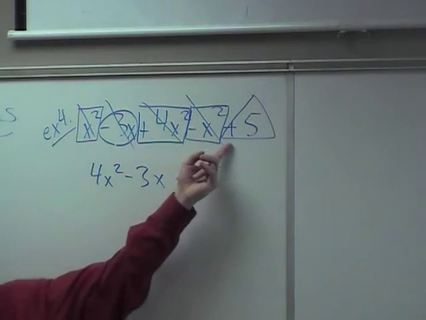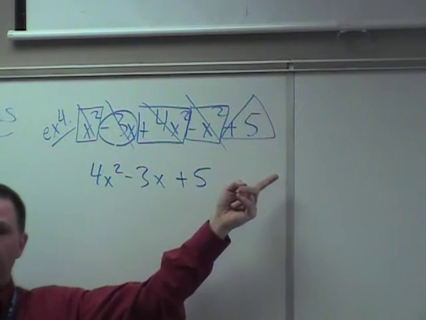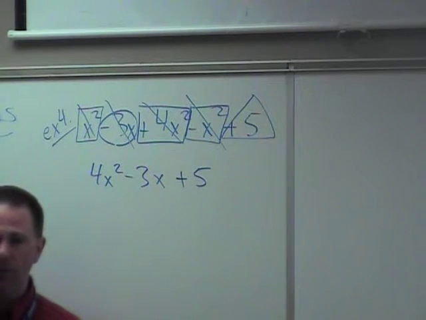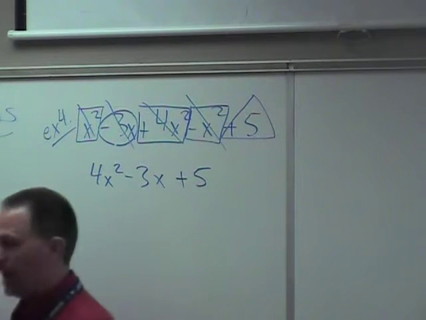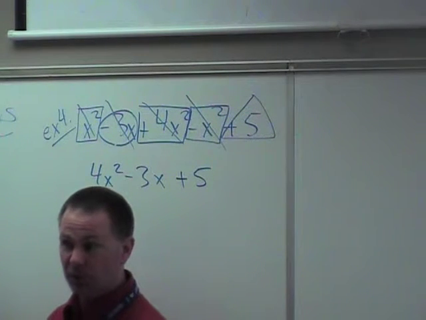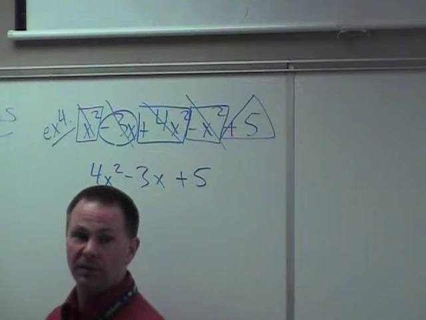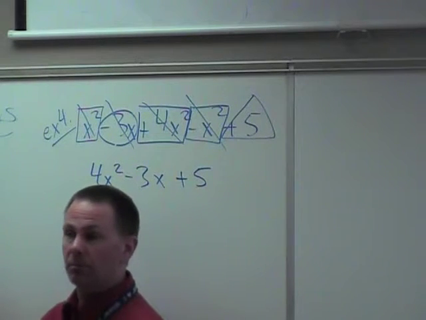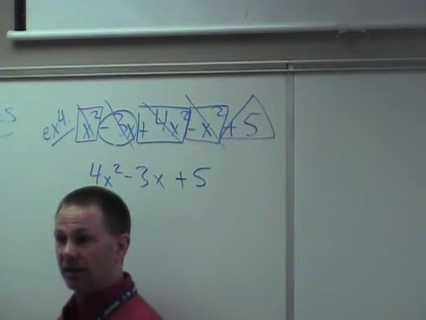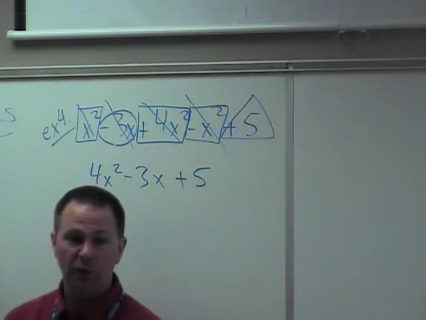Isn't this really complex? There's a lot of terms up there. If we can manipulate the way things look by knowing how to do things, not making them up, following rules, then we can make our lives simpler and easier and hopefully make a problem easier. But if you don't know how to do the simplest thing, you've got a really complex problem and you don't know what to do.